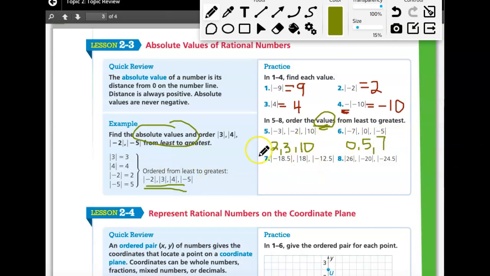If you see they wrote negative 2 first, then absolute value of 3, and then 4 and the absolute value of 5, that's fine also. I'll take both, because if you look at it, that's also 2, 3, 4, and 5, according to their value. That's why they arrange them like that. But that's fine. I'll take both.